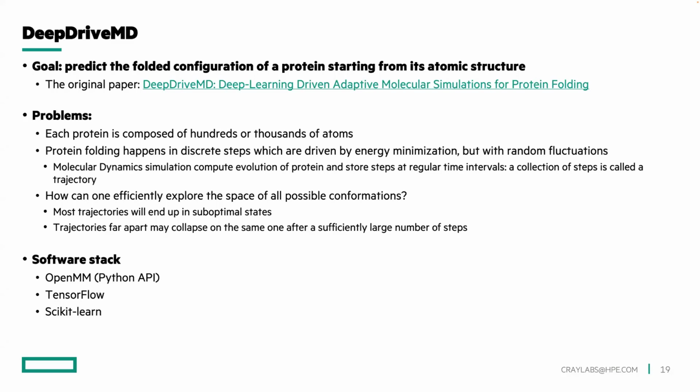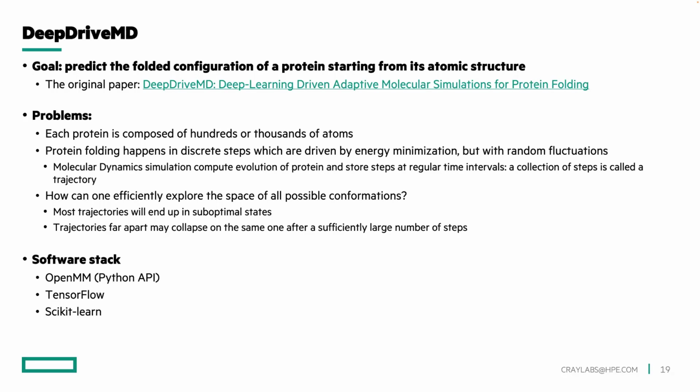Basically, what's the gist of it? Well, the idea is always to compute the folded conformation of a protein. Proteins are very long chains of atoms with a pretty complex 3D structure, which is not captured by the chemical formula.